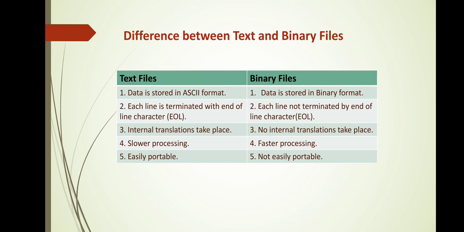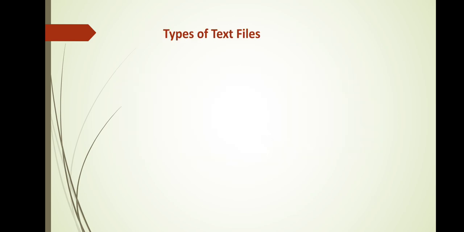Because of the internal translations, text files are slower, while binary files are faster. Text files are easily portable, whereas binary files are not easily portable because binary language is platform dependent. Right? So these were the differences between text and binary files.